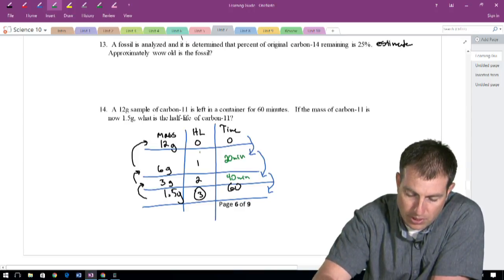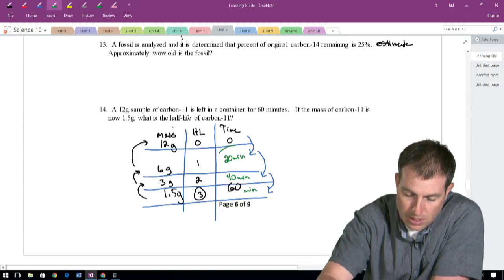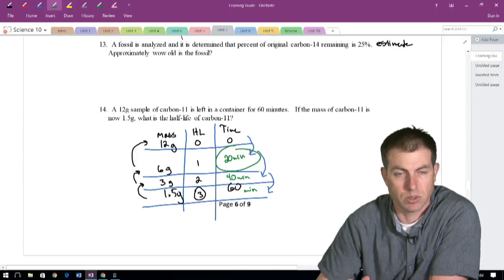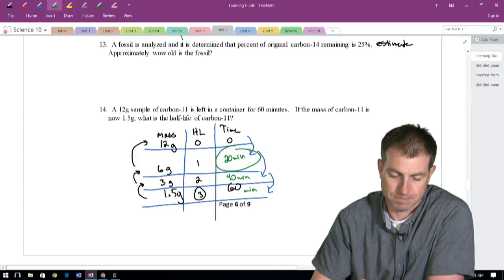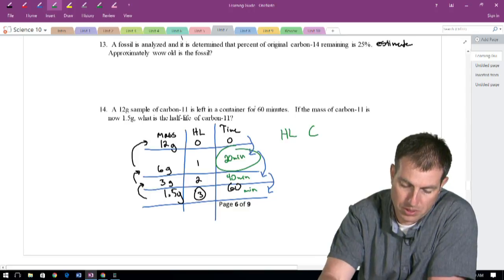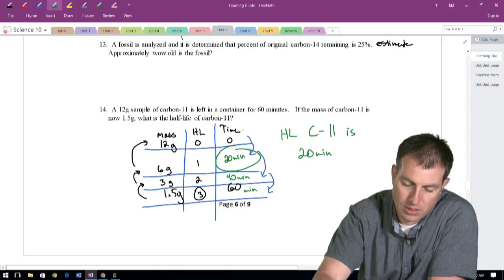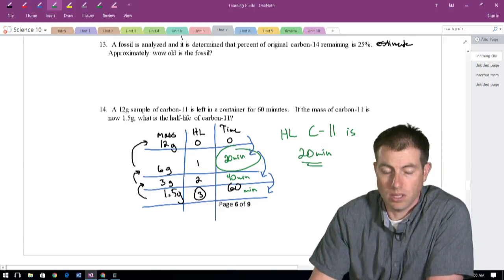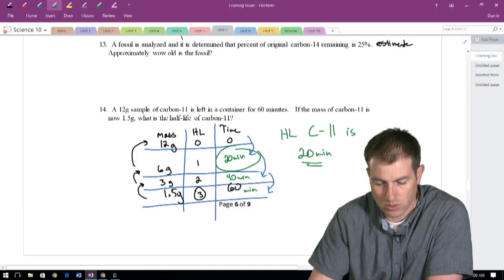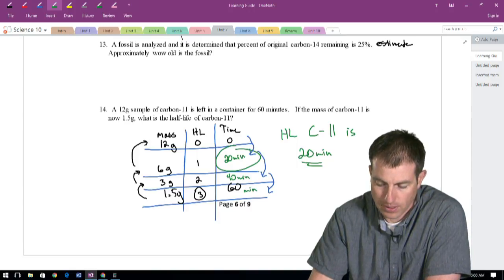And then another half-life is another 20 minutes. That gives me 60 minutes. The amount of time each step would take would be 20 minutes. So the half-life of carbon 11 is 20 minutes. So a little bit of logic. Hopefully we can work through these. You kind of have to work backwards and then work forwards.